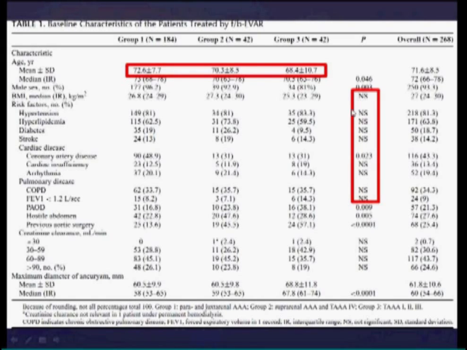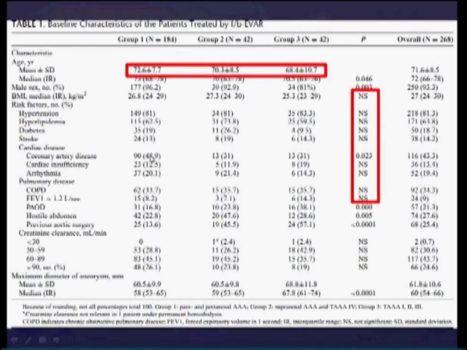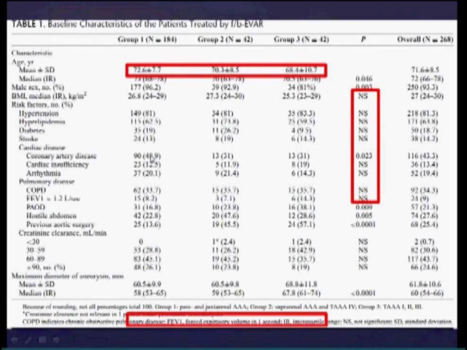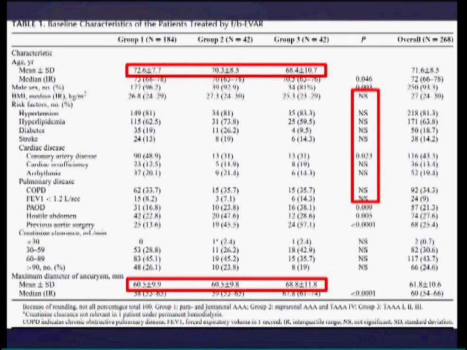Basically, it's showing that hypertension, hyperlipidemia, diabetes, these kinds of risk factors for atherosclerosis, are all very similar except for coronary artery disease, which was actually more common in the group 1 patients. And then the maximum diameter of the aneurysm was about 6 centimeters in groups 1 and 2, and about 7 centimeters in group 3.